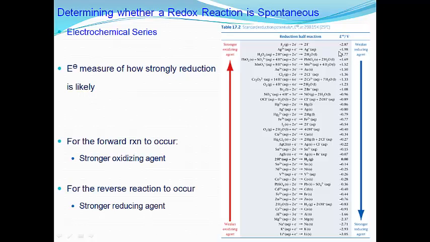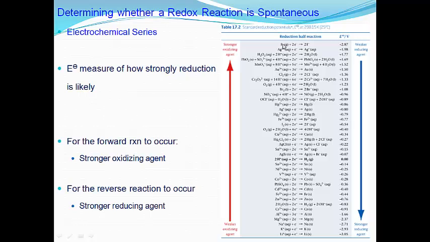If we have a high positive reduction potential, it tells us that that half reaction is likely to occur as a reduction. And so, if we look at this one here, where F2 gas is being reduced to F minus, it has a very high positive reduction potential, E0 of plus 2.87.